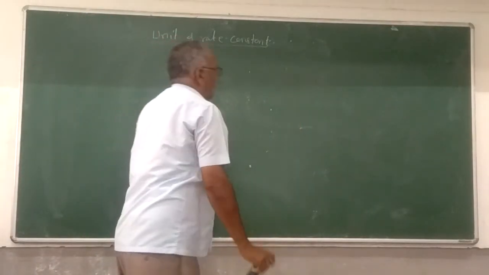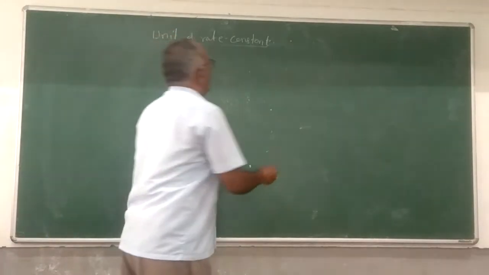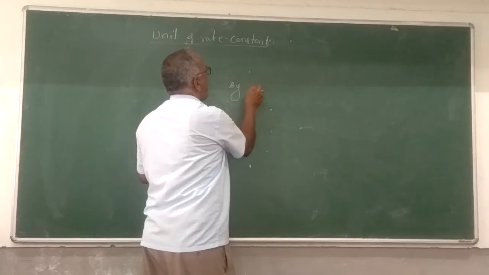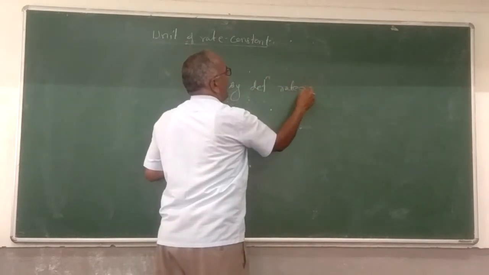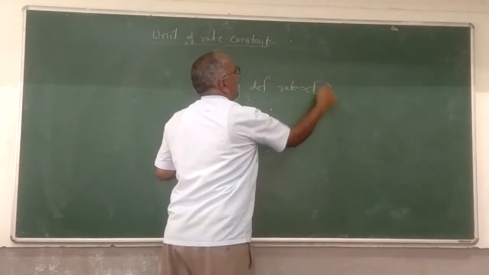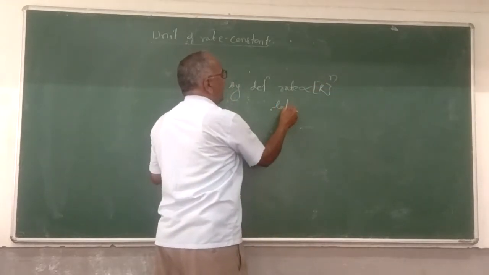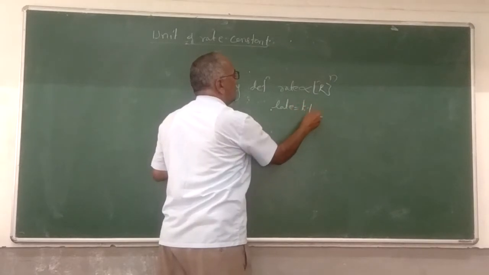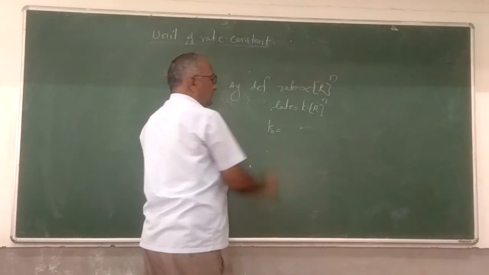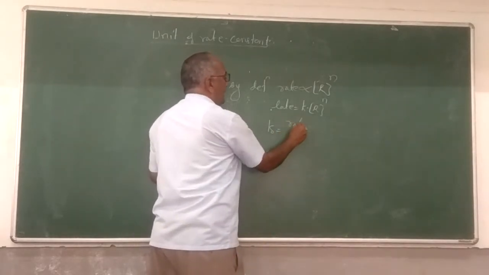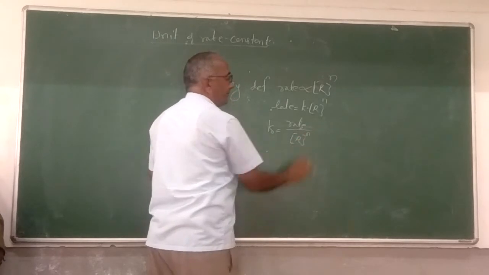Now we know the unit of rate. Let us see what the unit of rate constant is for the various orders of reaction. By definition, rate is directly proportional to the nth power of the molar concentration of the reactant, or rate is equal to K into R raised to n. Now K is equal to rate divided by R raised to n.